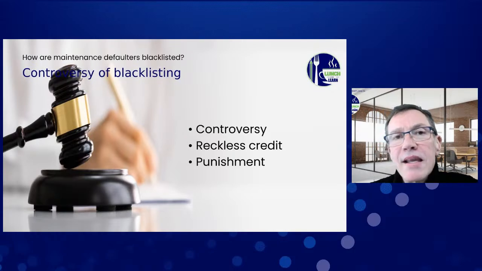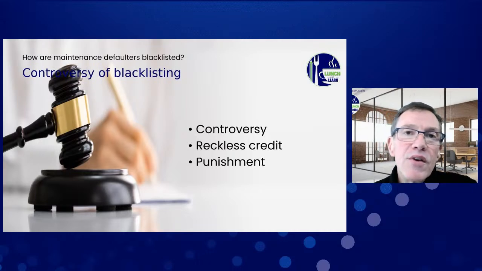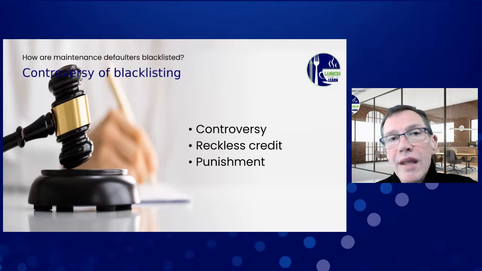One of the biggest reasons why we use the whole credit profile listing is also so that the credit providers, the people that give you credit, it might be a furniture shop, it might be a bank giving you a loan, do not engage in something that we call reckless credit.